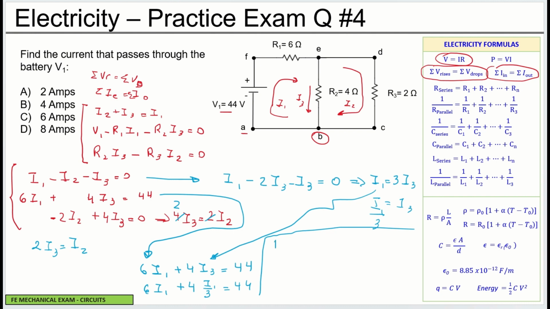3 times 6 is 18I1 plus 4I1 equals 44 times 3, 132.